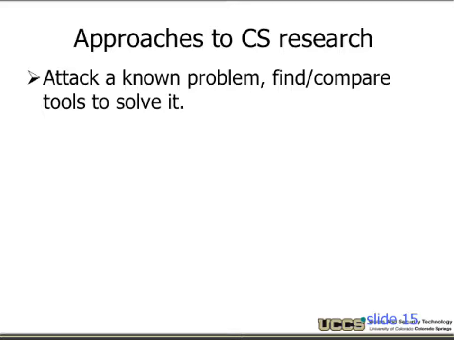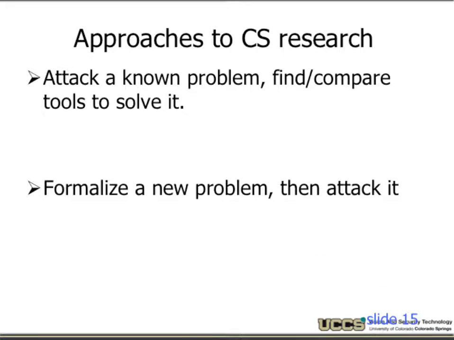Or the other main approach is formalize a new problem and then attack it. And you'll probably along the way have to make up something to compare against, because people expect some level of comparison. But in general, if it's a new problem, a big part of the effort is formalizing what that new problem is, arguing why it's important, relating it to previous problems, and then coming up with solutions to it.